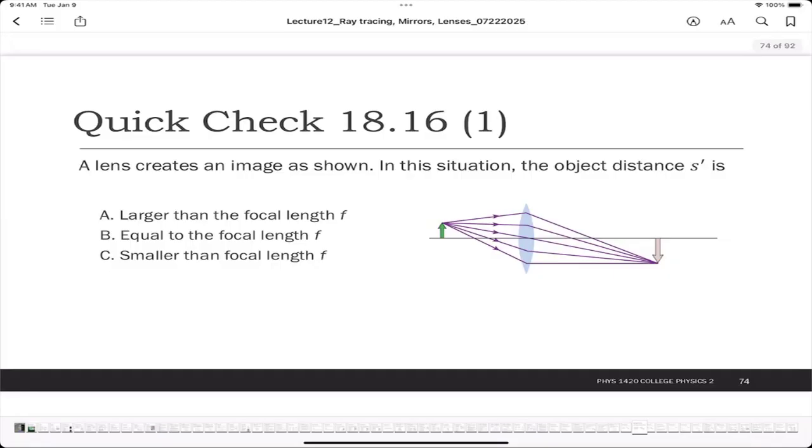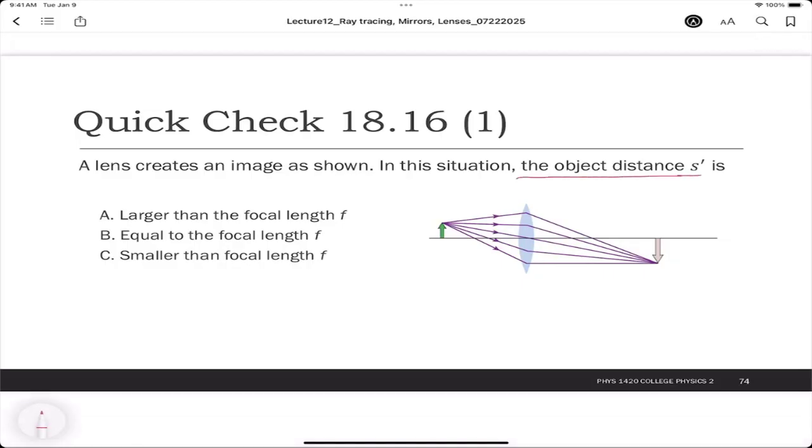Okay, let's talk about the other one. A lens creates an image as shown. In this situation, the object distance S dot is what? It just asks you the image distance S dot, which means this distance. Is it larger than the focal length f, or equal, or smaller than the focal length?